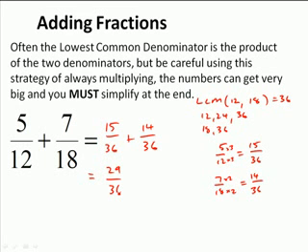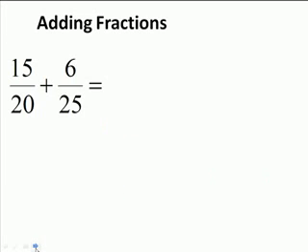That's a lot easier than doing 18 times 12 and then simplifying at the end. So don't always multiply, but if it's taking you ages to find the lowest common denominator, you can always multiply to find a common denominator, and that's often the case if you've got more than two fractions.